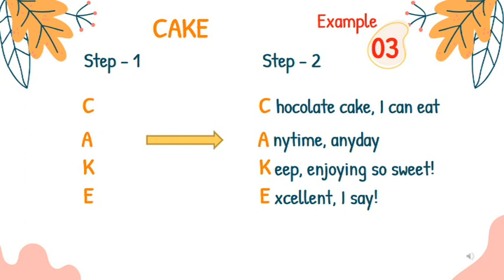Keep enjoying, so sweet. Excellent, I say. In acrostic poems, the wonderful thing is that you don't need to have your phrases or your sentences in any particular order. You can write them anywhere you want.